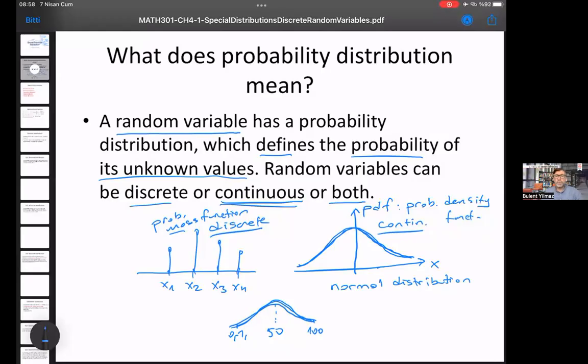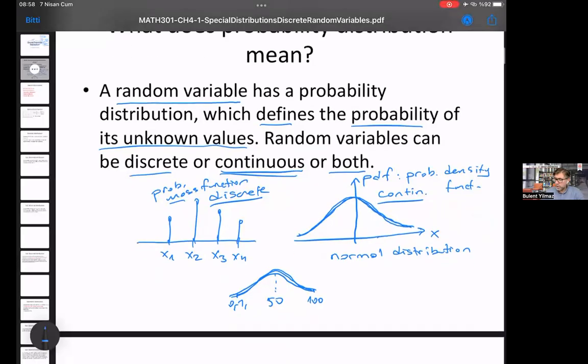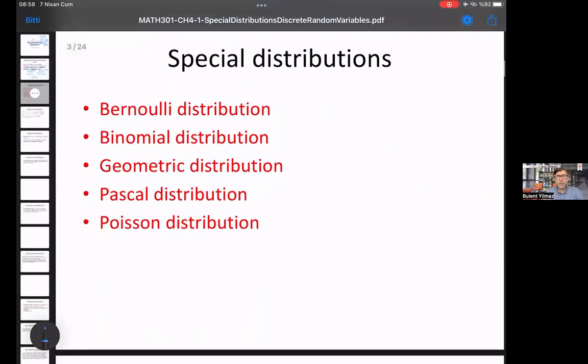Okay, so in terms of these probability distributions, now we will be focusing on special distributions. It's not going to be any random experiment and random variables, but this time I will mainly focus on these 5 distributions in this course. They are Bernoulli distribution, binomial distribution, geometric distribution, Pascal distribution, and Poisson distribution. Okay, what does that mean?